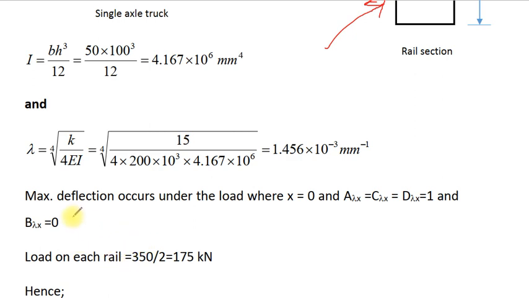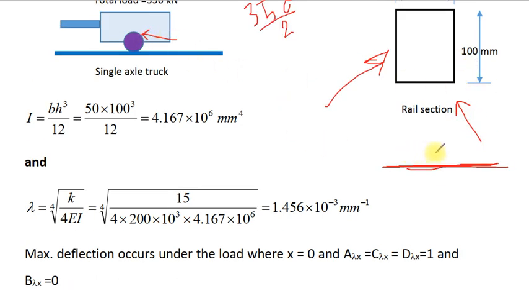Now to compute the maximum deflection. The maximum deflection will occur directly under the concentrated load. Here, this is the beam with the section above it, and for example, here are the two rails, one axle with two wheels, a wheel at this rail and a wheel at this rail.